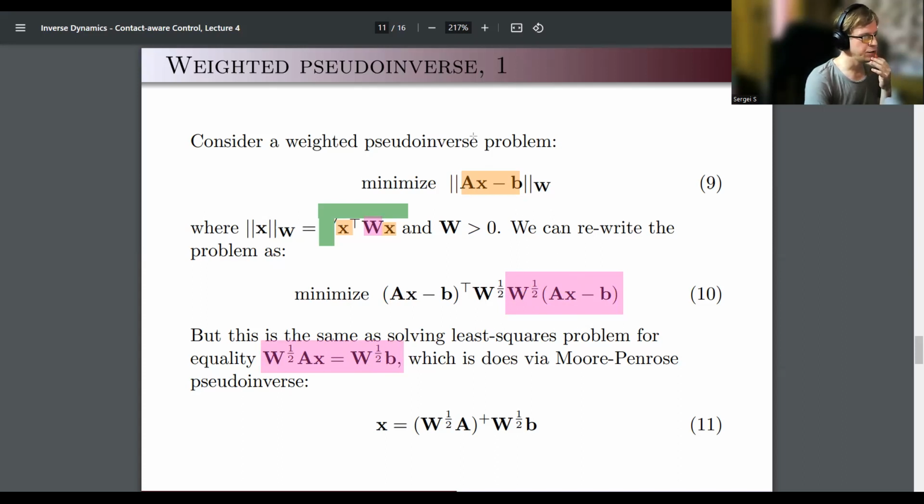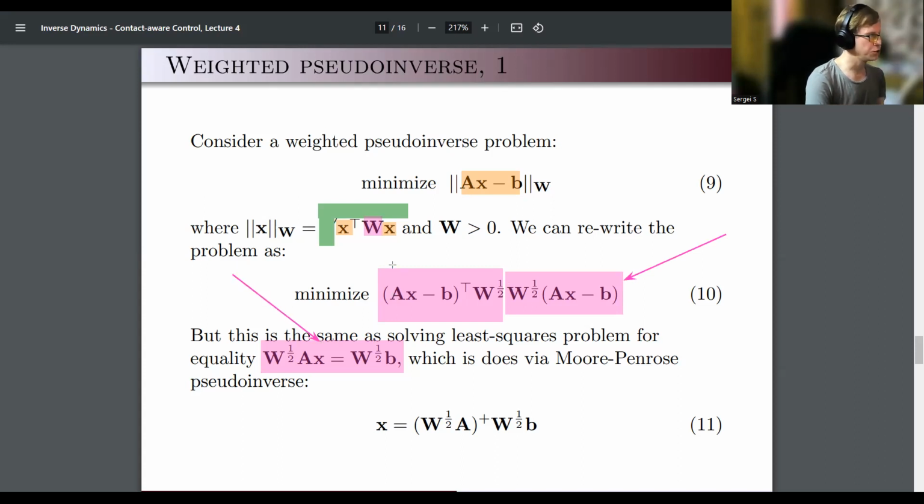If it is a residual, this is also a residual, just transposed. A residual transposed multiplied by the residual gives you a dot product of the residual with itself. Minimizing the dot product of a residual with itself is the same as minimizing the norm of the residual. So this is in fact a least square problem for this system.